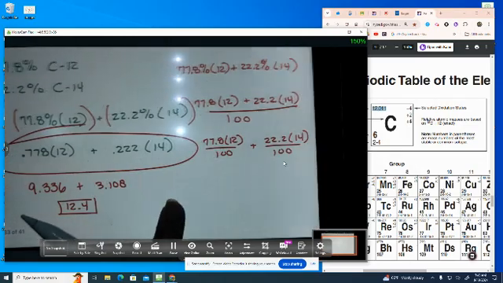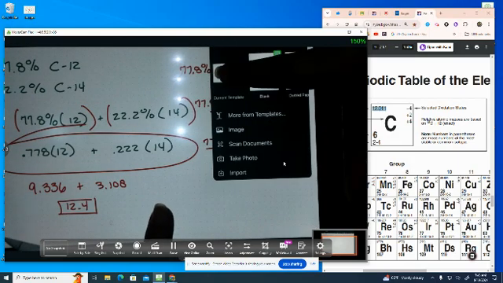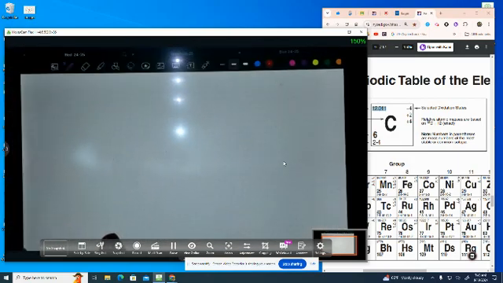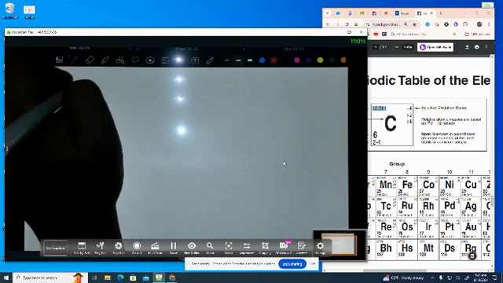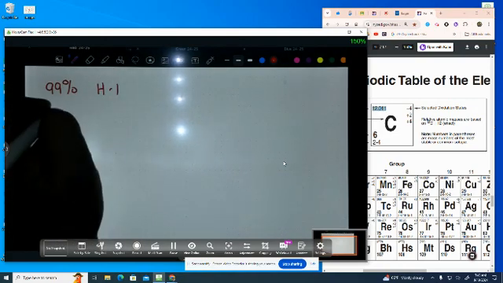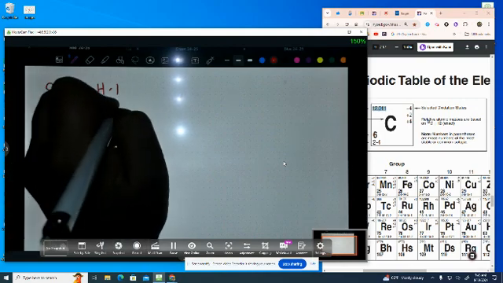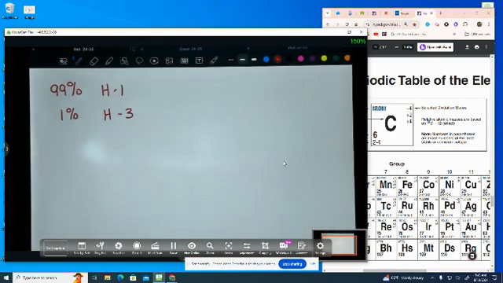So just make sure. Okay. All right, let's try another one. I'll make another one up, and then we'll go to some on the paper. Okay. Let's say you have 99% hydrogen 1 and 1% hydrogen 3. So I'm not giving you the individual atoms, I'm telling you the percentages. What would it look like if you were to write it out?